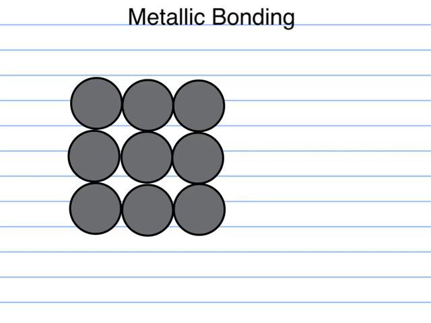Now each of these metals is a positive ion, which means they have a positive charge. The reason they have a positive charge is because they have lost ownership of an electron.